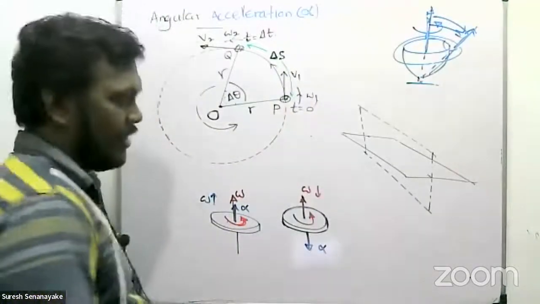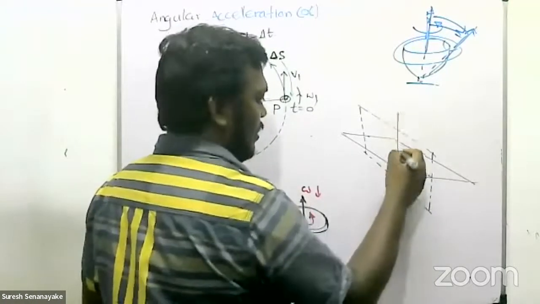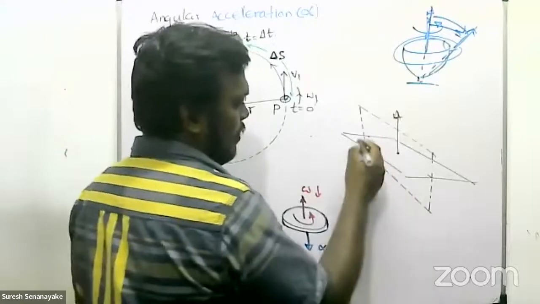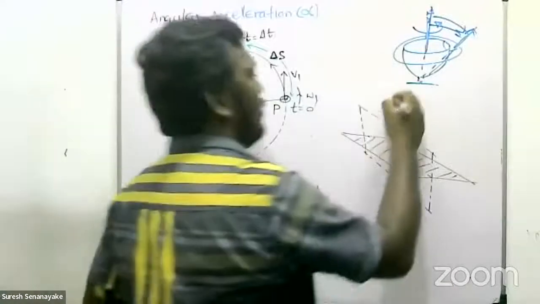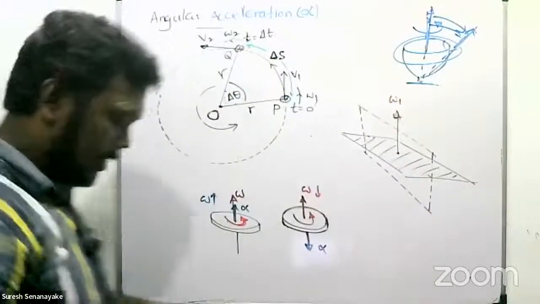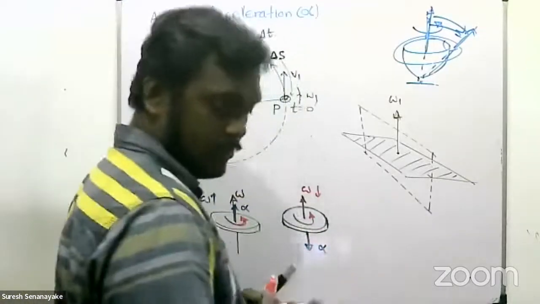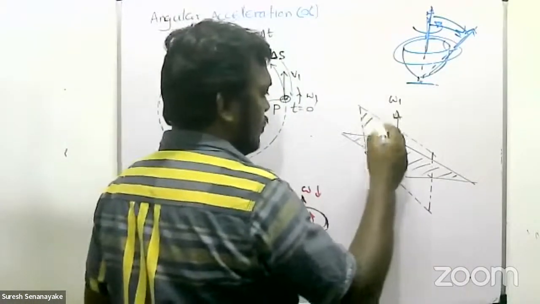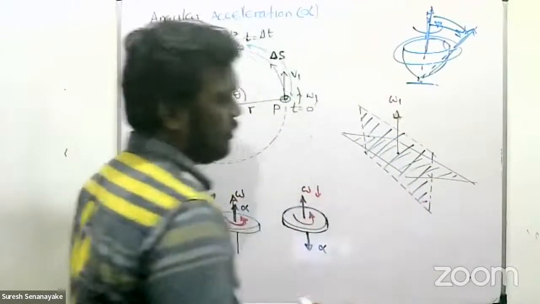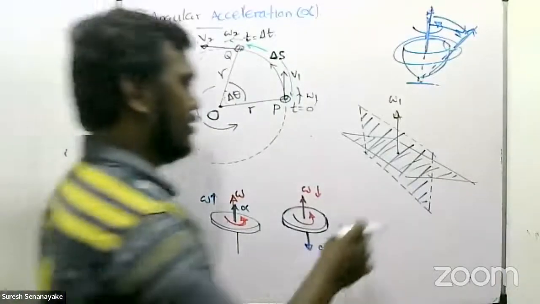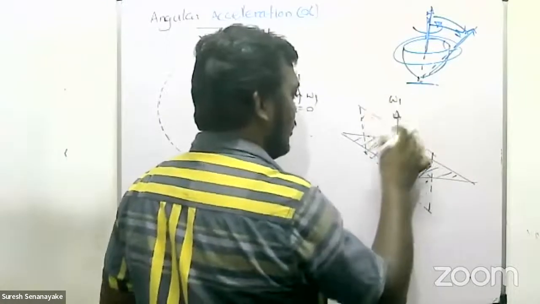For precession motion, when doing big calculations, in this black plane the direction is omega 1. This blue color plane, the lines together.